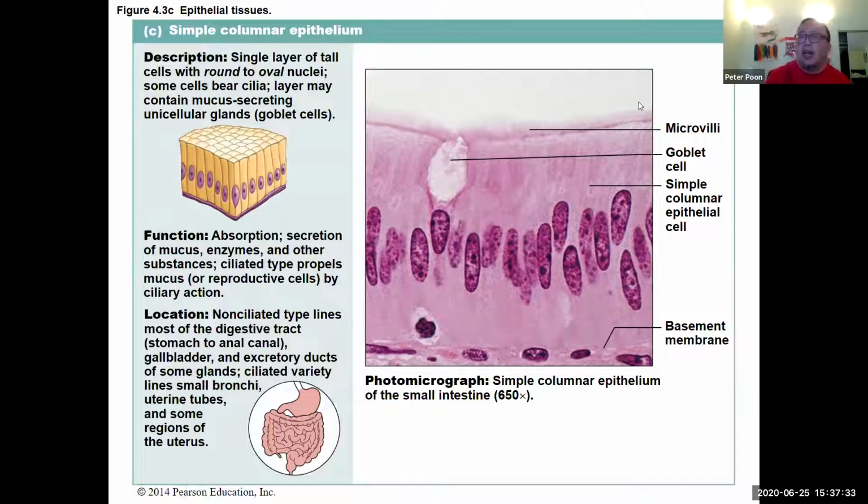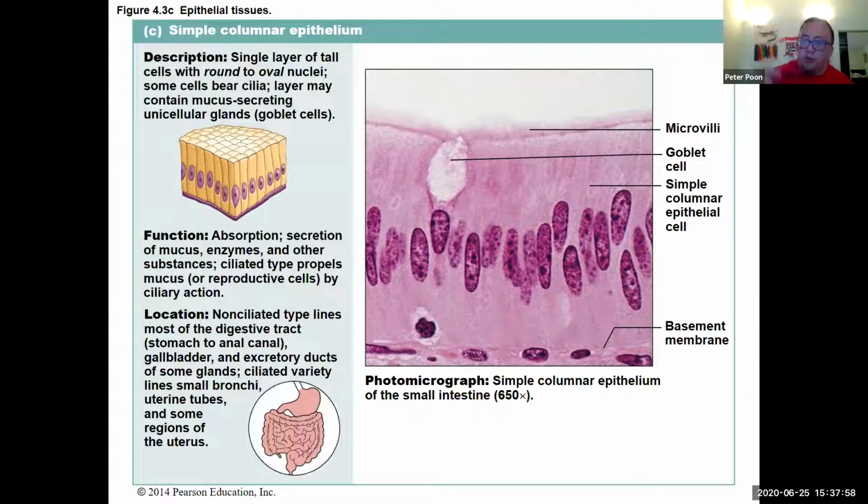And here we have more stuff. These surfaces are called microvilli. We'll talk about what microvilli are, but microvilli are kind of important. They help increase surface area.